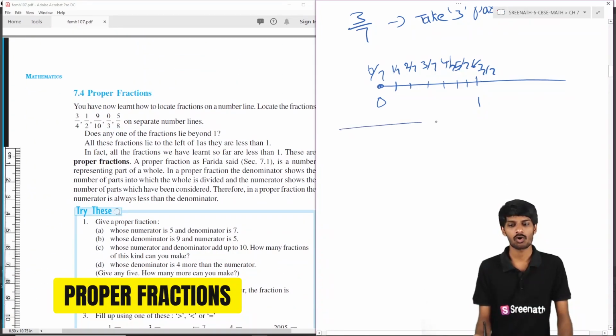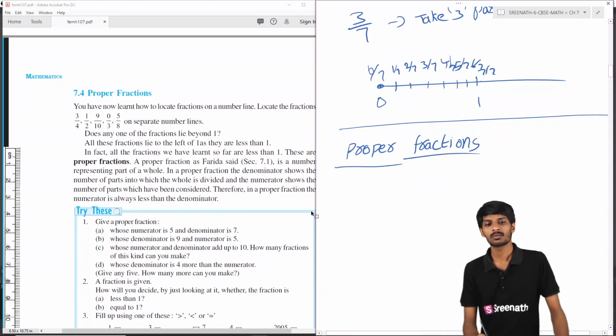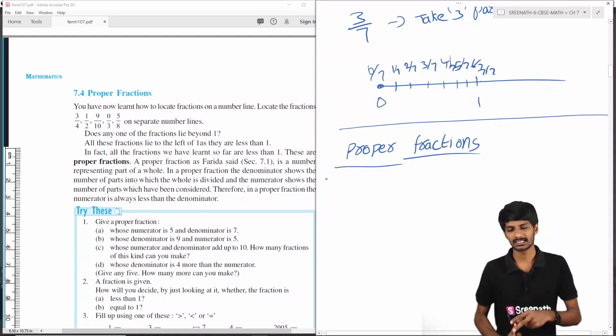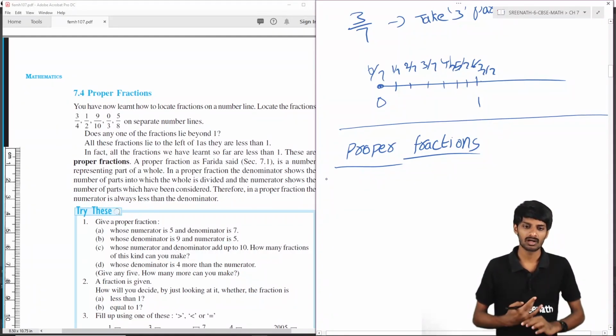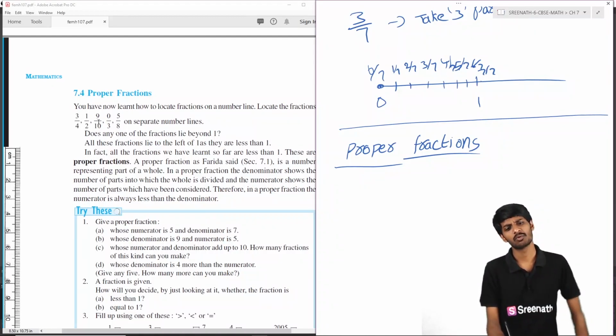Next thing is about proper fractions. What are proper fractions? So we have seen what a fraction is and how to represent it on a number line. Here there are some fractions; write them on the number line.